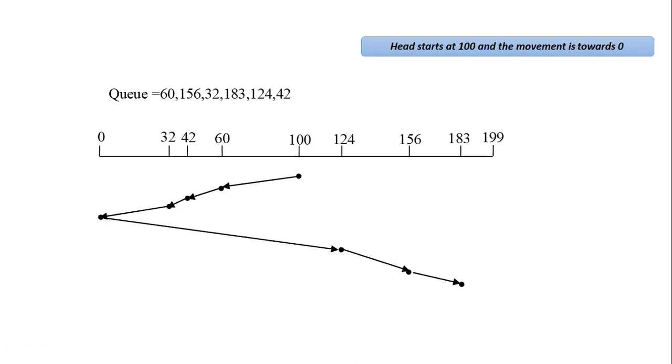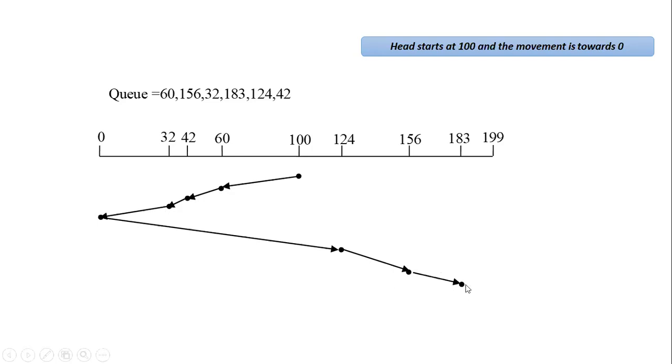Now from 0, it starts its journey towards 199. In between, whatever requests are there, it will process them. So now it moves, and when it reaches 124, there is a request, and then it moves forward. At 156, there is a request, and at 183, there is a request.